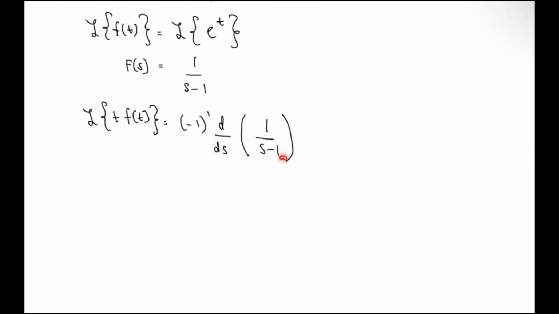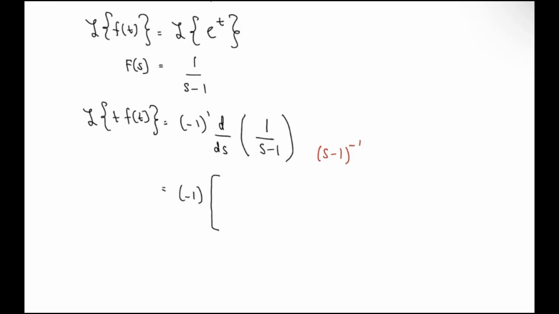So let's differentiate this function first. We have 1 over s minus 1, or I can also write this as (s minus 1) to the power negative 1. So if I want to differentiate first order, let's rewrite negative 1 first, and then the differentiation of 1 over s minus 1.